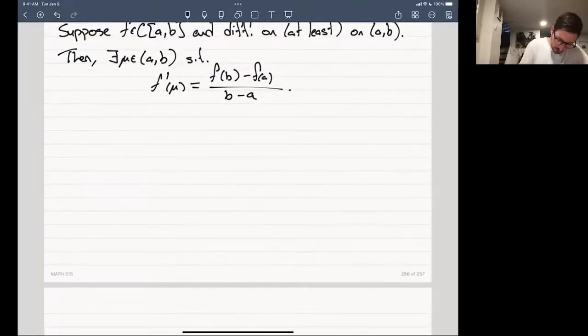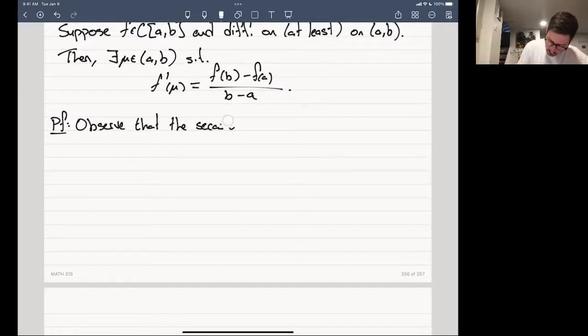Okay, so how do we prove the mean value theorem? Well, the proof is really, really fun, in my opinion. So first of all, observe that the secant line, sometimes we call this a chord if you're coming at this from a sort of geometric perspective, but I'm going to use secant line.